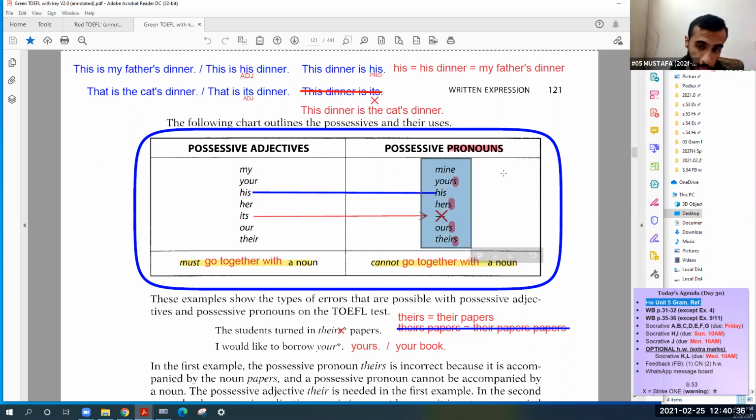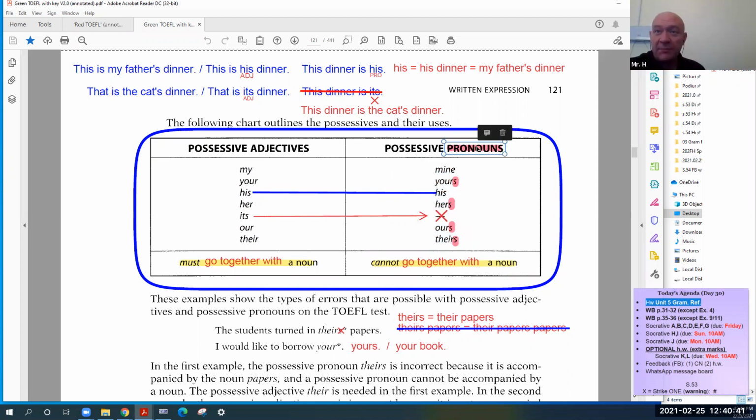They're pronouns. What does it mean if it's a pronoun? You cannot write the pronoun with a noun. Abdul Majid, when you say you don't have to, that means you're telling me that it's optional. It mustn't. It is not optional. Okay. All right. And you have to know this skill or you lose marks in the TOEFL.